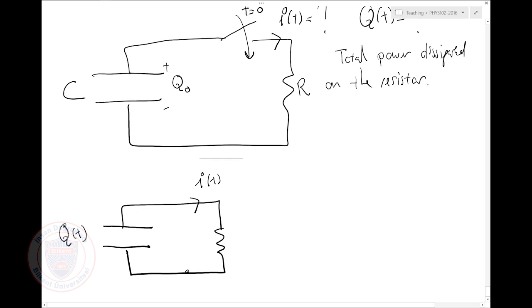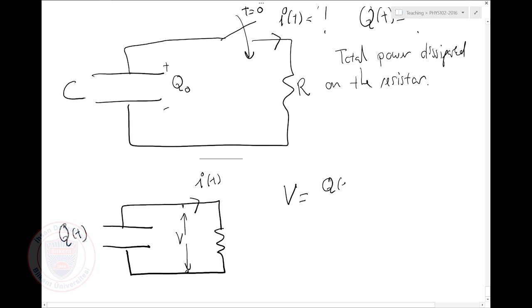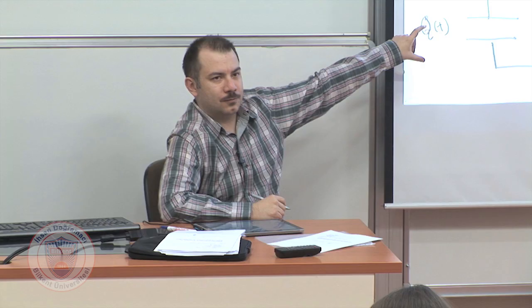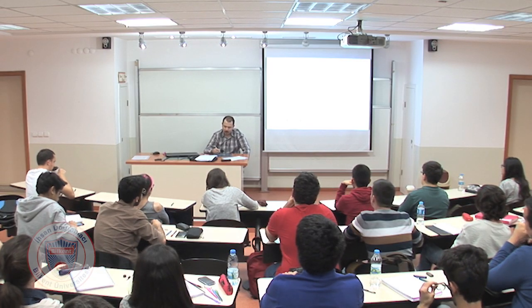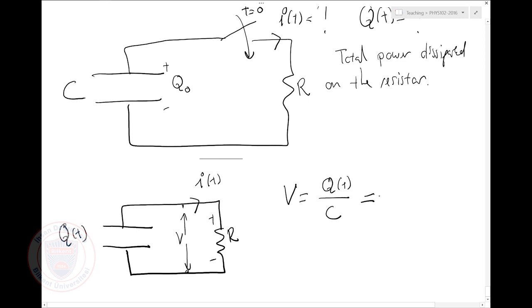Now, what is the potential difference between the upper and lower conductors? Let's call this potential difference V. I can calculate it two ways. I can say V is either Q of t divided by C. That's one definition. I'm looking at the capacitor, right? Or I can say, okay, but this must also equal I times R. And I is also a function.